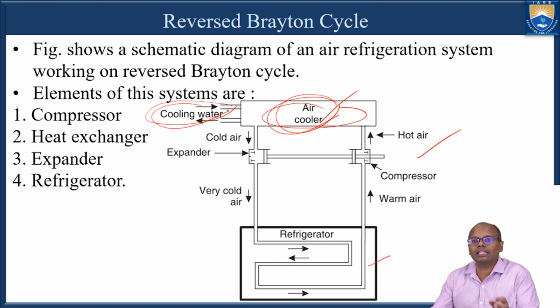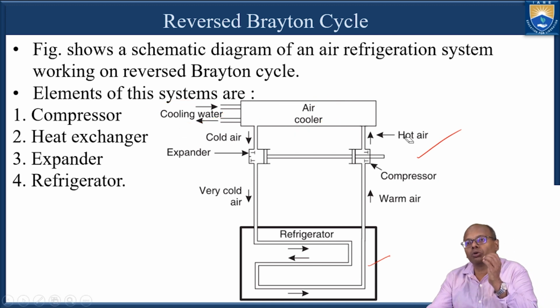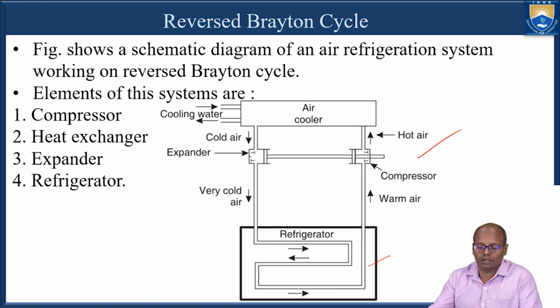So we are circulating some cooling water, and we are cooling the hot air which is coming out of the compressor. So the basic components are the compressor, this heat exchanger, this expander, and this refrigerator.